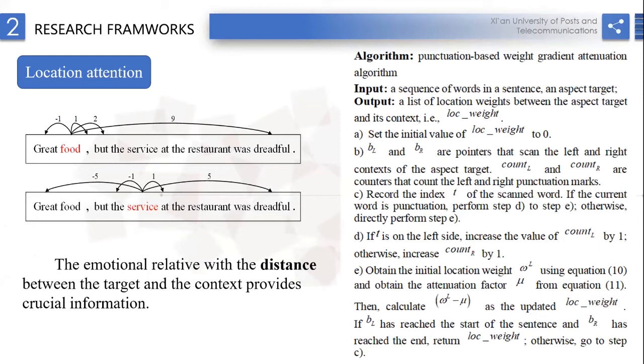In the sentence shown, grand is the sentiment word for the aspect target food, and grand is closer to the aspect target food than to dreadful. However, for another aspect, survivors, the relative distance to the relevant sentiment word dreadful and the irrelevant sentiment word grand is the same. This phenomenon poses a threat to the simple location weight calculation, citing the proximity-based algorithm.